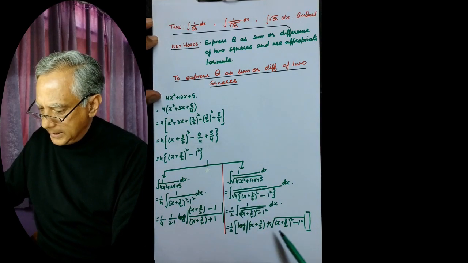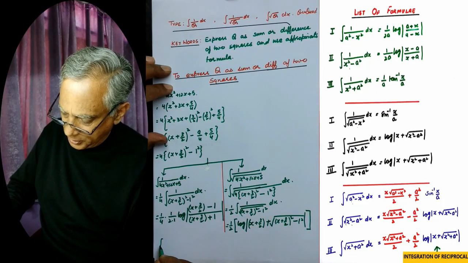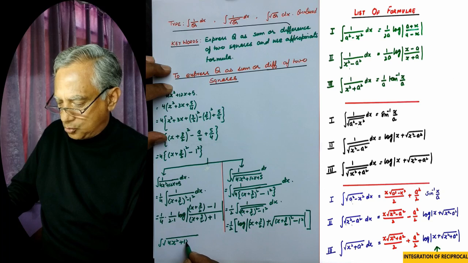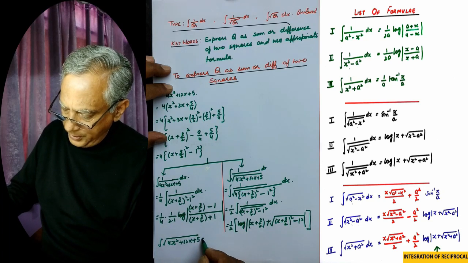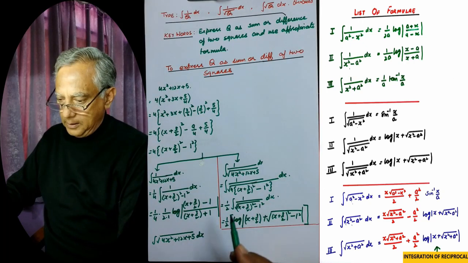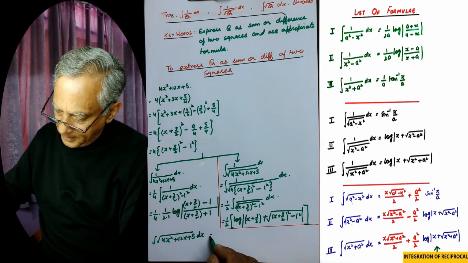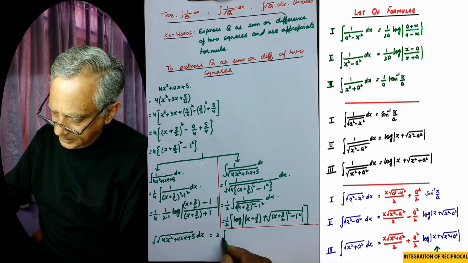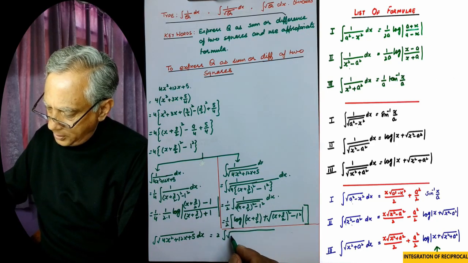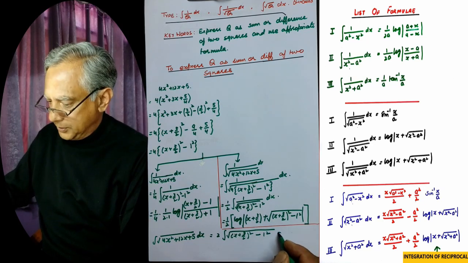If the root is in the numerator, then what we do is, suppose the question is under root 4x square plus 12x plus 5 dx. If this is the question, then what do we do? Now this is the same as this. So this will be equal to 2 integral under the root, the term in the denominator, so 2 under root x plus 3 by 2 whole square minus 1 square dx.